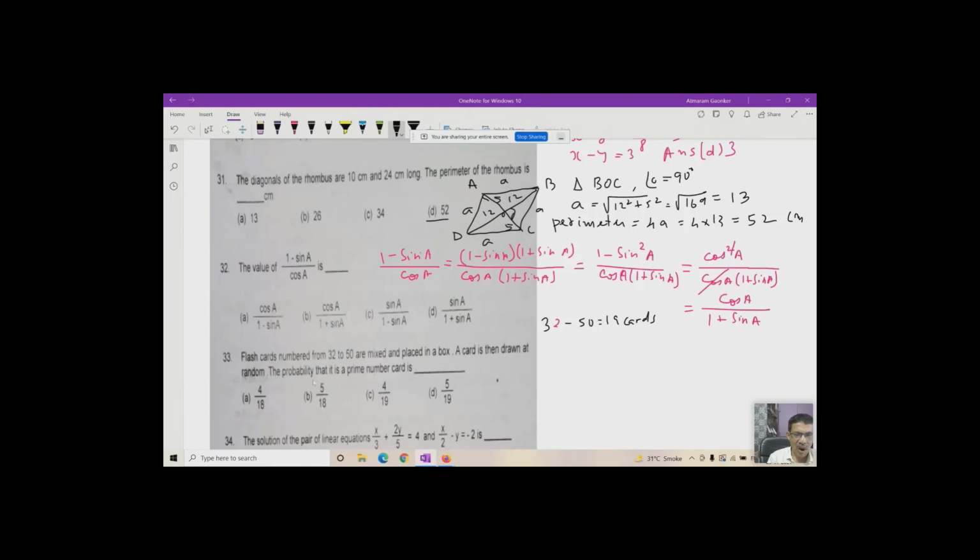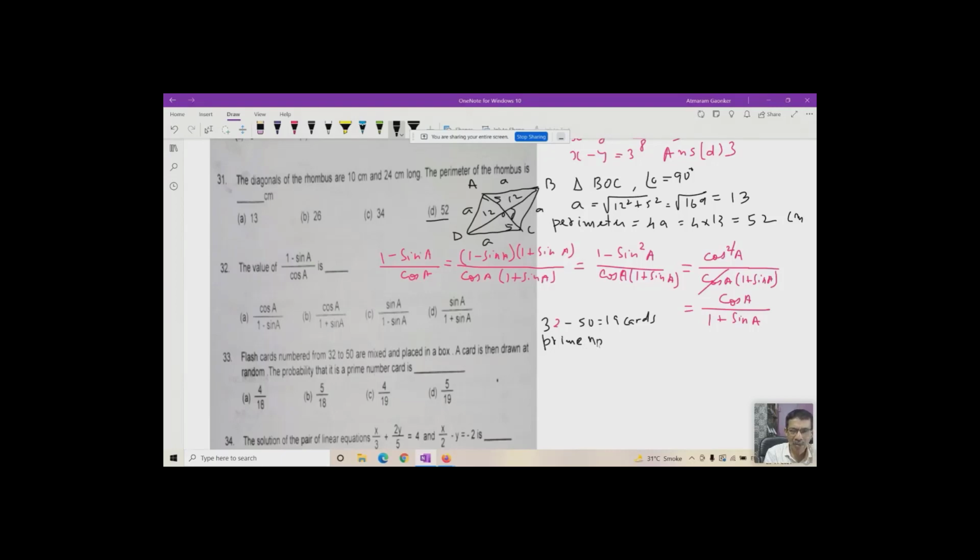And then a card is drawn at random. The probability that it is a prime card. So a prime number is a number which is not divisible by any number except 1 and itself.